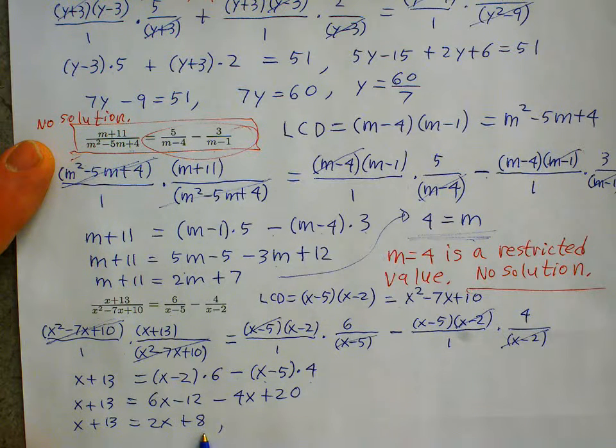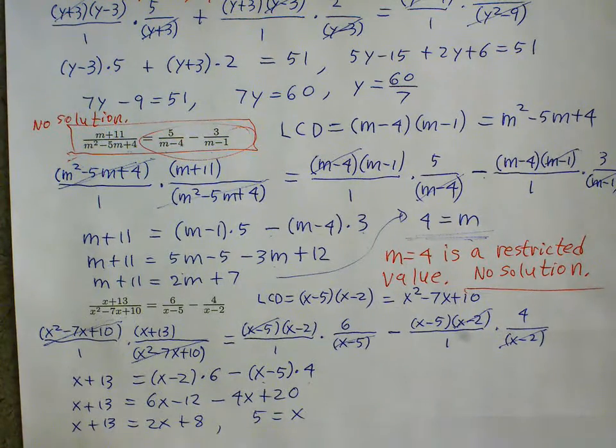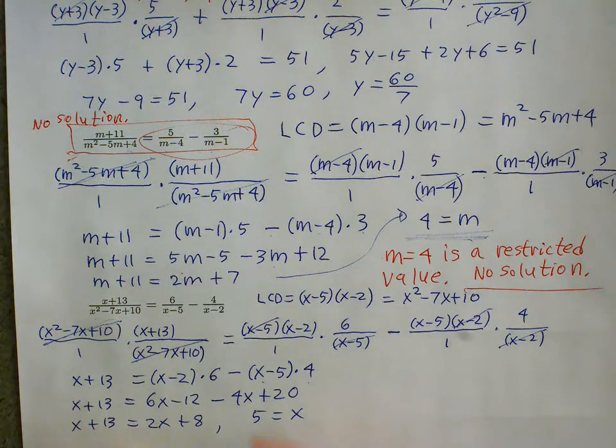Okay, so on this one, I'll subtract 8 from both sides and also subtract x from both sides. When we subtract 8, we get 5 on the left-hand side. Subtract x, we get 5 equals x. 5 is a restricted value.